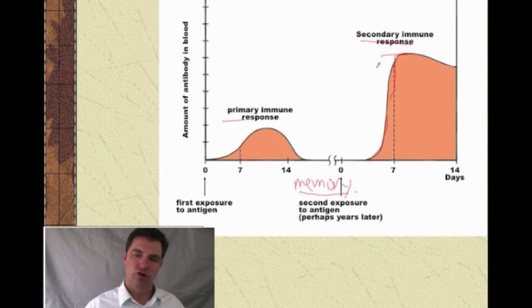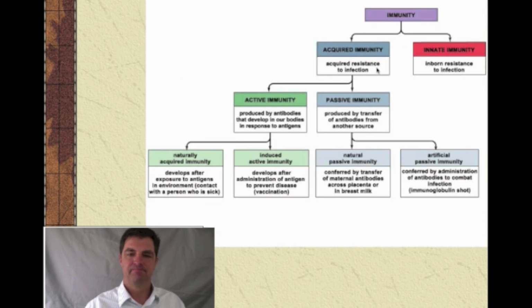So as long as the organism doesn't change very much, you often, for example, for colds, as you get older, you tend to get fewer colds because your immune system develops a memory to each one.